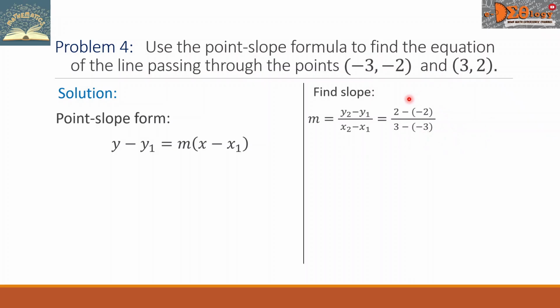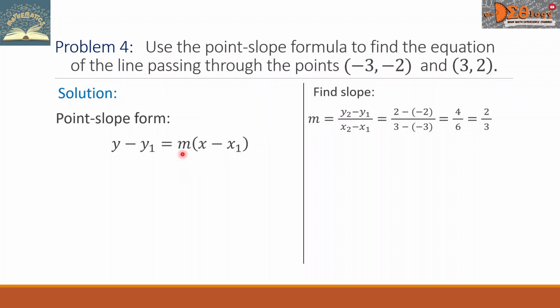Then we simplify 2 minus -2, that is positive 4 over 3 minus -3. We get positive 6. This is a fraction that we can reduce into 2 over 3. We have now a slope.